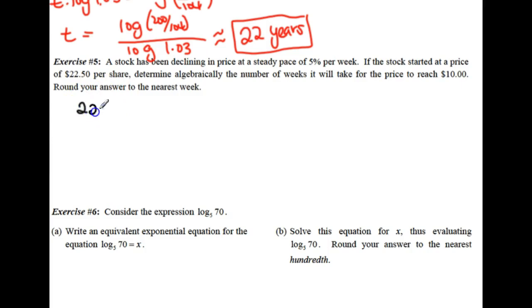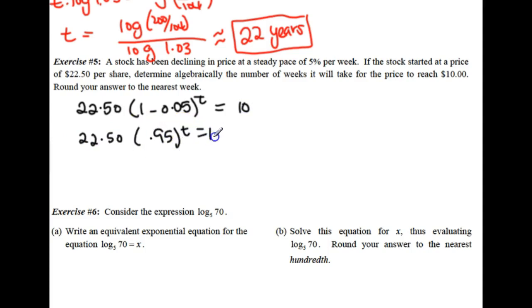It starts at 22.50 and it's declining at 5% per some time. I want to know when it is going to reach 10 bucks. So if I solve this out, it's 22.50 times 0.95 to the t is equal to 10. Get this in the form that I want it to be, where I can do my log and my laws. 10 over 22.50.